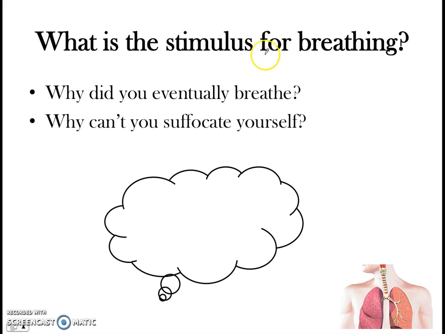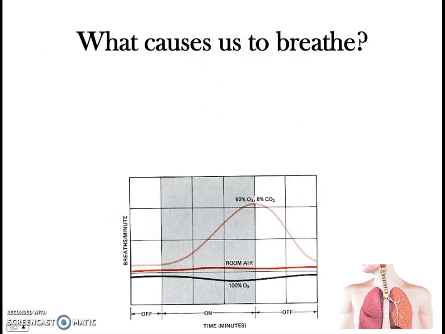Well, some of you may think something like this, that we are stimulated to breathe. So let's explore the theory. Is it a lack of oxygen that stimulates us to breathe? And let's look at this experiment here, and this graph.